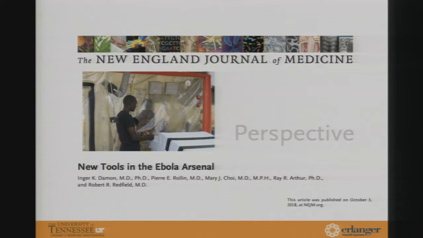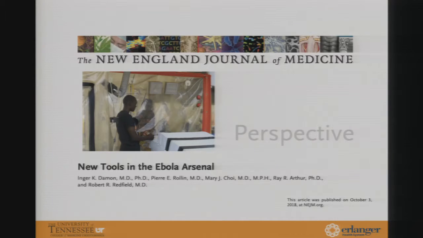Three are antibody-type agents like the ZMapp that was used on the physician who returned to the U.S. with Ebola virus disease. There are 2 direct-acting antiviral agents that have been developed and are in compassionate use and in therapeutic trials in eastern Congo.